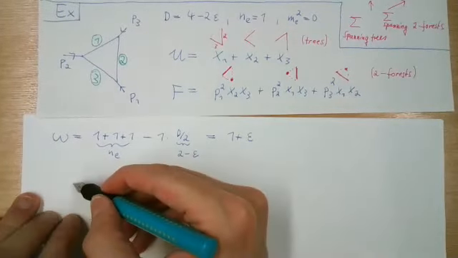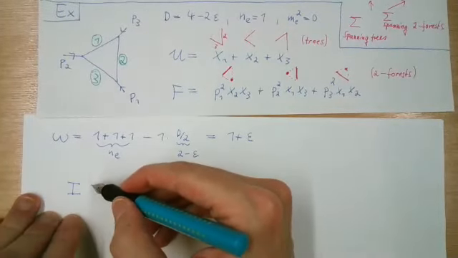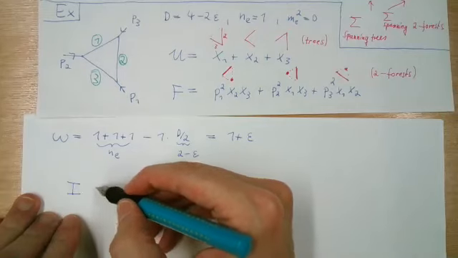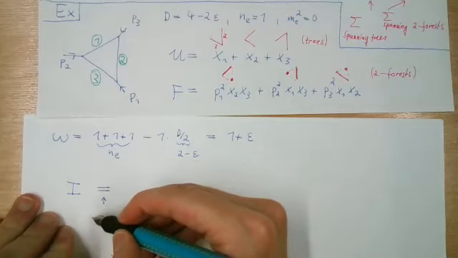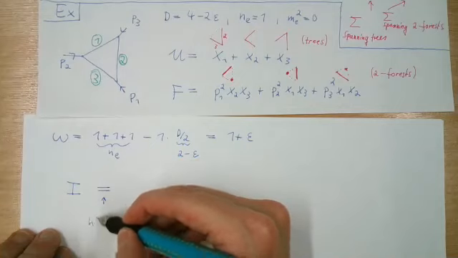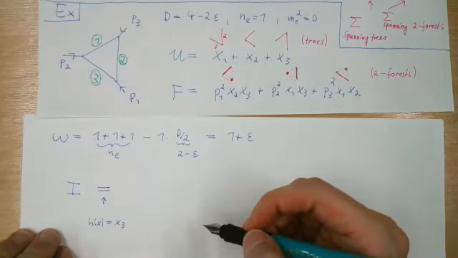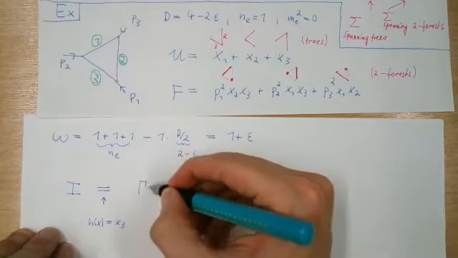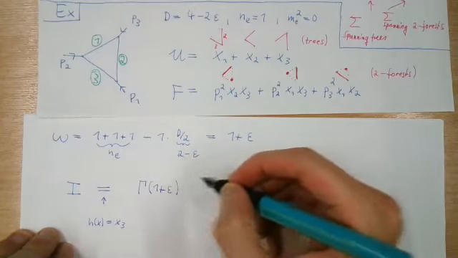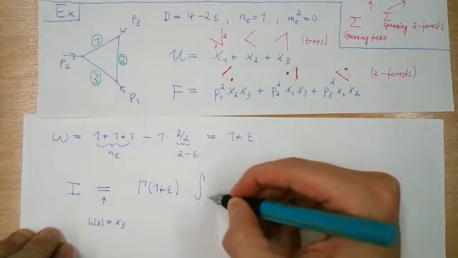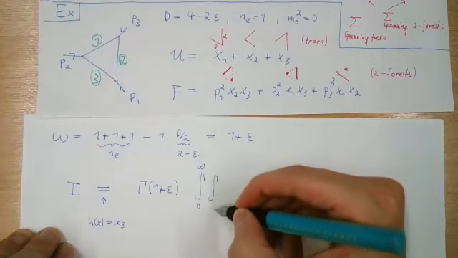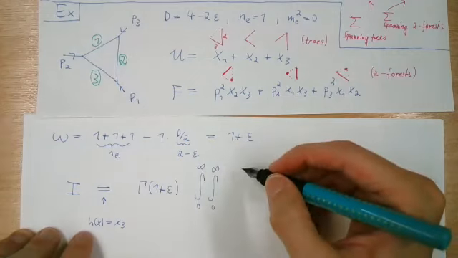And now if you use all this and you use this projective formula, you can write down the integral. And here I use the convention. Let's say I use this delta function to put x3 to 1. Then this is just gamma of 1 plus epsilon as a prefactor. And then you only have 2 integrals. One was fixed by this delta function.